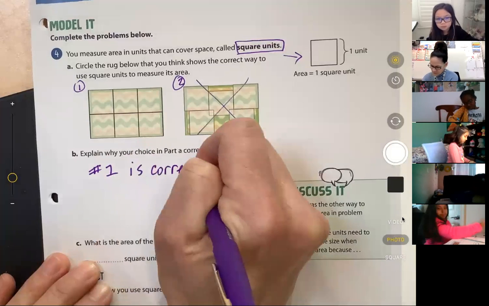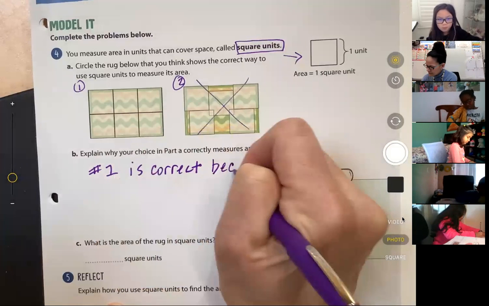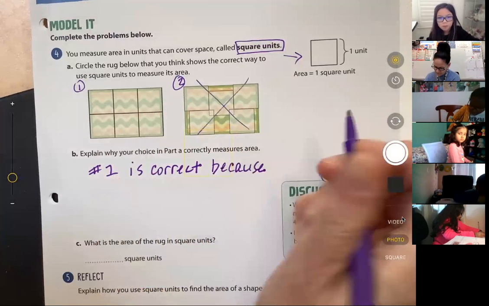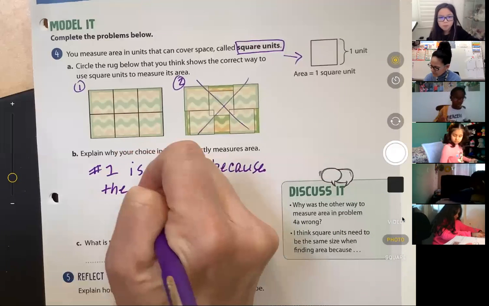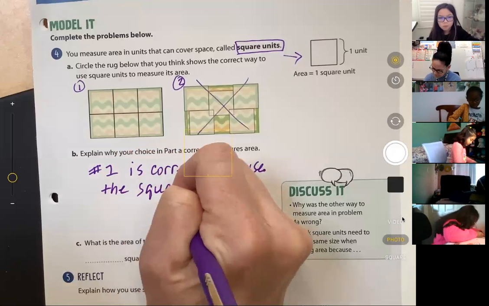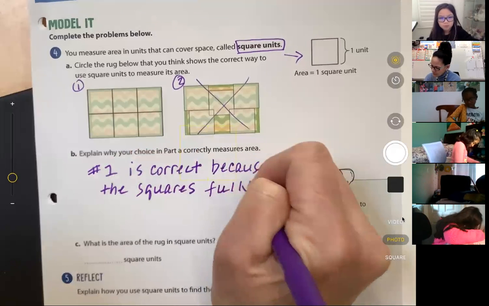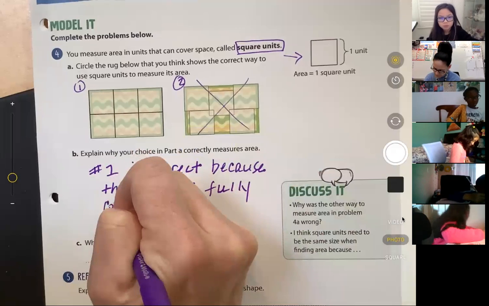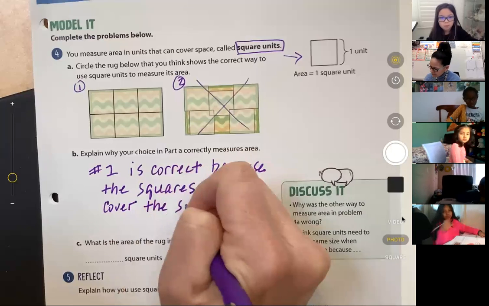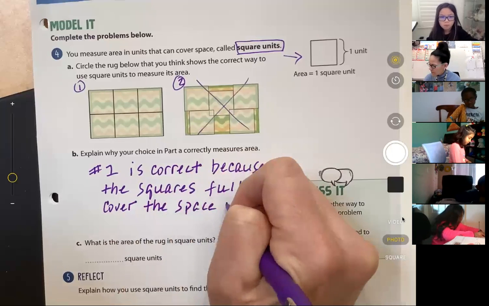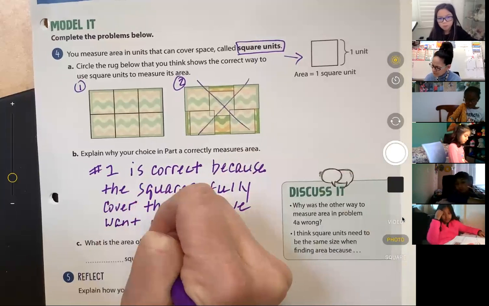because the squares fully cover the space we want to measure.